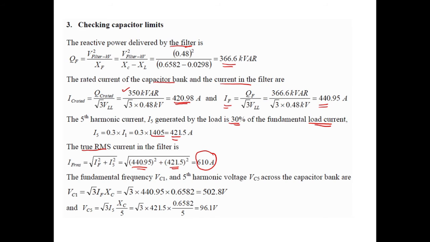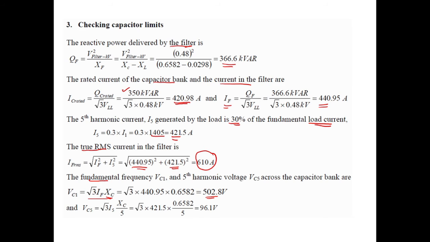So the voltage of the capacitor for the fundamental component will be equal to the current that passes through the filter times the reactance of the capacitor. So the fundamental current is 440.9. The reactance of the capacitor is already calculated and it was found to be 0.65, and that of course times root 3 because this is the line voltage, and that will give us this amount of voltage.